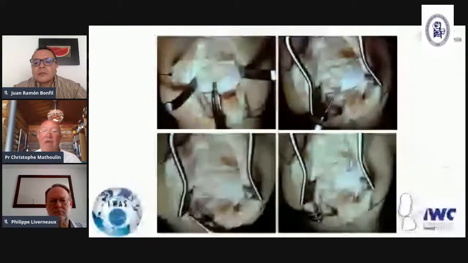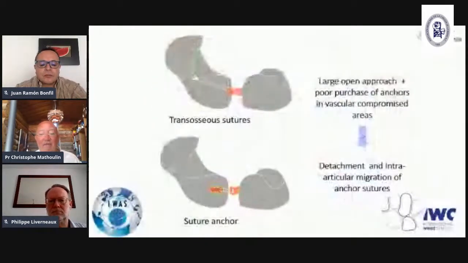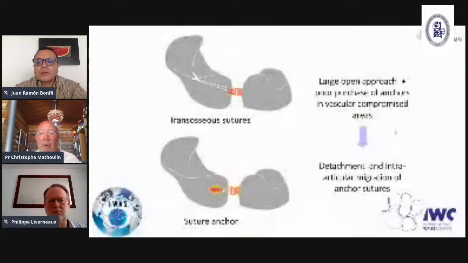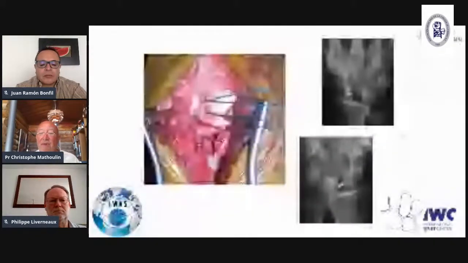I performed that when I was young, because it was the gold standard at this period. Unfortunately, with the large open approach, the poor purchase of anchors and the compromised vascularization, we had bad results, because we tried to repair an unrepairable area.